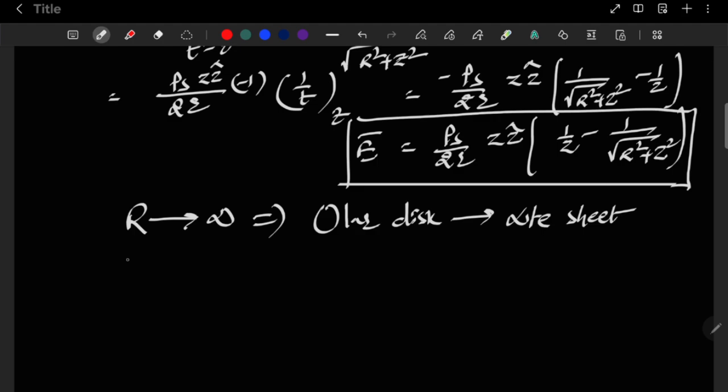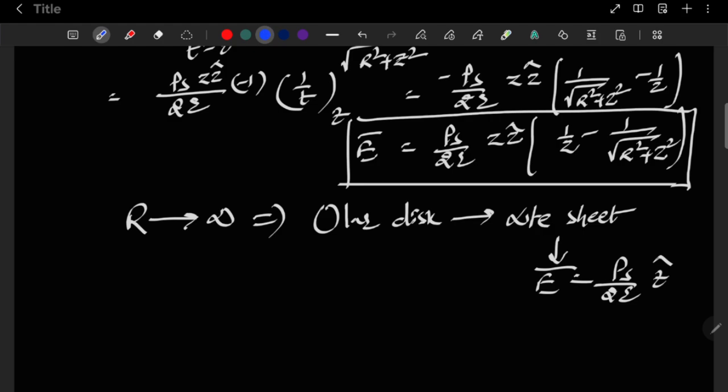Okay. So in this particular expression, if I take the infinite sheet, what should I get? Electric field rho s by 2 epsilon into z cap, or n cap, I should get. So in the circular disk, we have to make R tending to infinity.